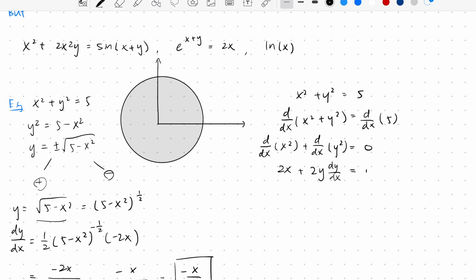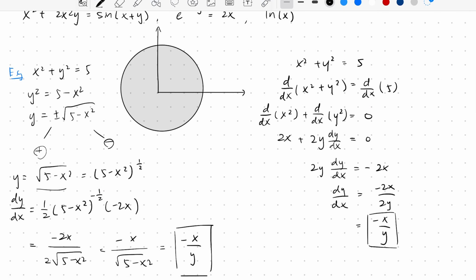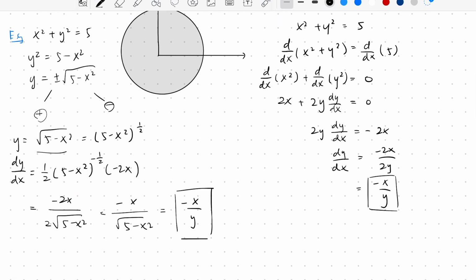And this is equal to 0. Now we simply have to solve for dy/dx. We see that it is really the exact same result that we got earlier. But when you get smoother and faster with this method, it's much faster than the chain rule, and we don't have to deal with two different cases.